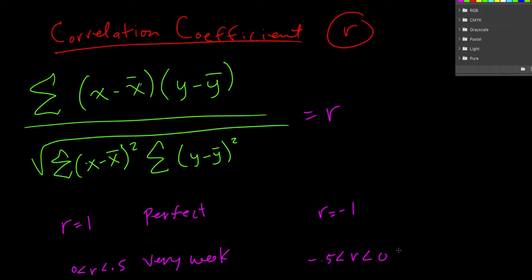I'm going to let you look at the thing in your book, though. But we have very strong, strong, moderate, weak, very weak. And it's just a different scale. So what this tells us is how linear our data is. So if we get a 1 or a negative 1, it's perfectly linear. If we get like a 0.25, it's not very linear.